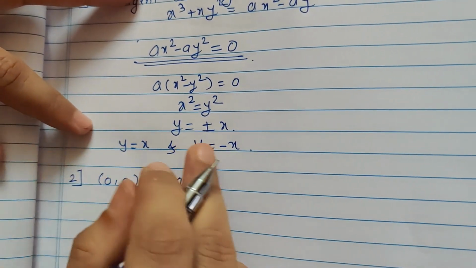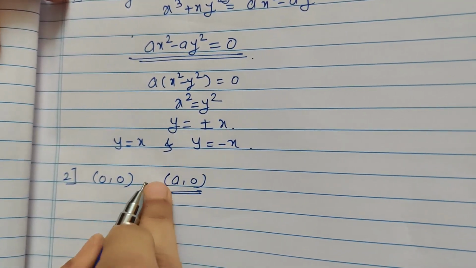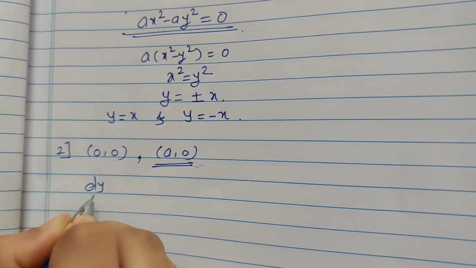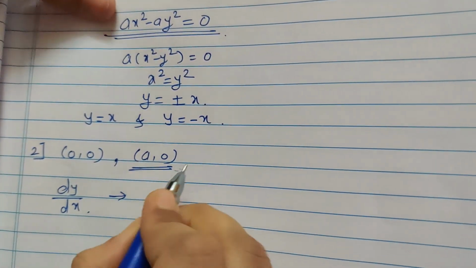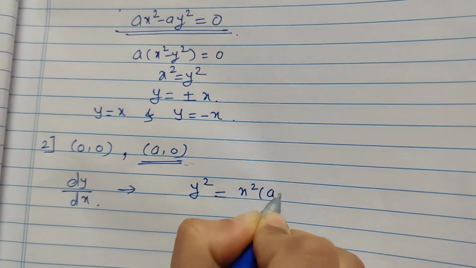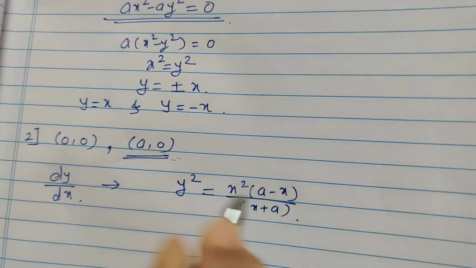We have already calculated the tangents at the origin. Now we have to calculate the tangent at this point. So to find this, we have to calculate dy by dx. Now our equation is y squared is equal to x squared (a minus x) divided by (x plus a), right?